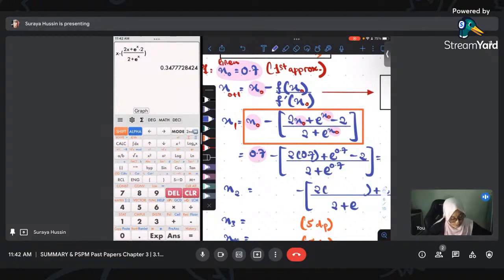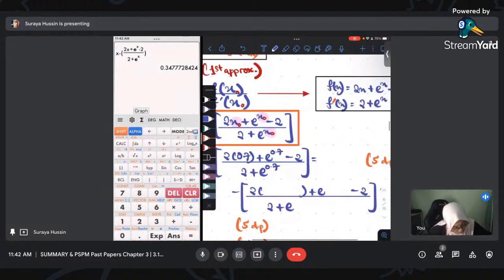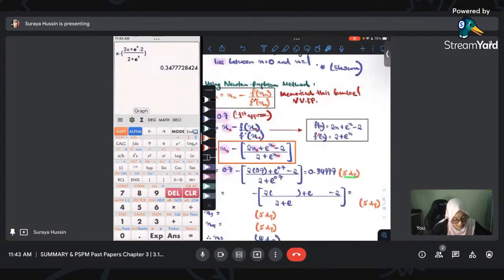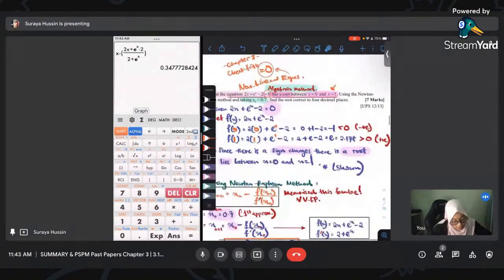Okay, so then you put in 0.34, masukkan nilai dia, 0.34777. Okay, kenapa Miss tahu nak ambil 5 decimal places? Because soalan ni kata kita kena cari 4 decimal places.